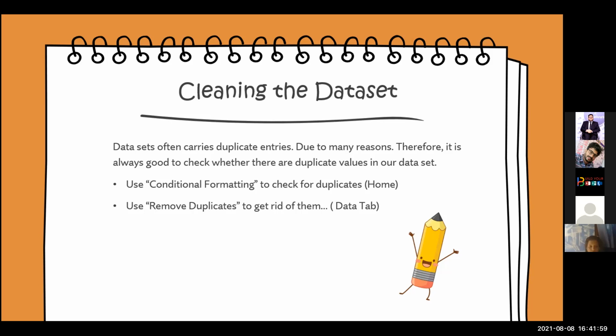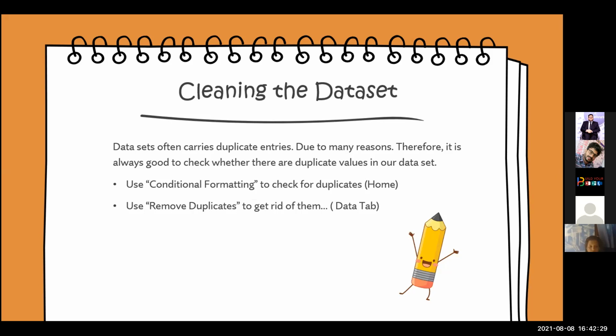This is actually an important part because these datasets are mostly generated by people. Imagine in your office you are doing sales, like a store. The cashier is entering the data, or maybe some other data entry person. Most of the time, human errors are bound to occur.